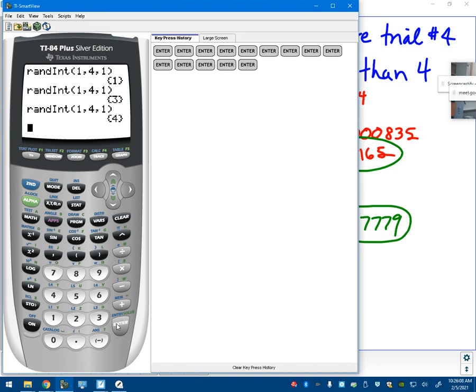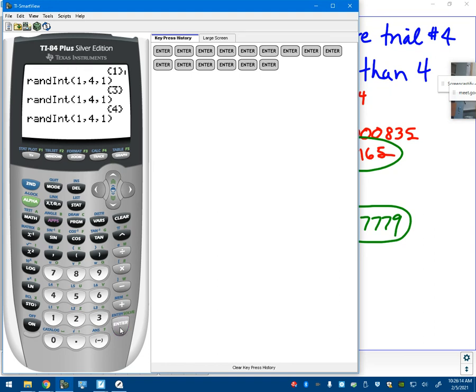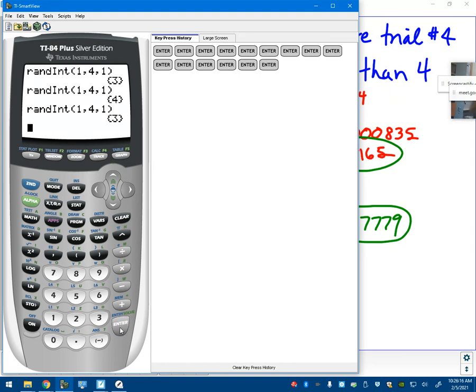Down. 5, 4, 3, 2. The day I don't win is the day we don't do participation. 5, 4, 3, 2. That's the first time 2 has come up today, I think. No? That was the first time 4 came up, by the way. Ready? 5, 4, 3, 2, 1.